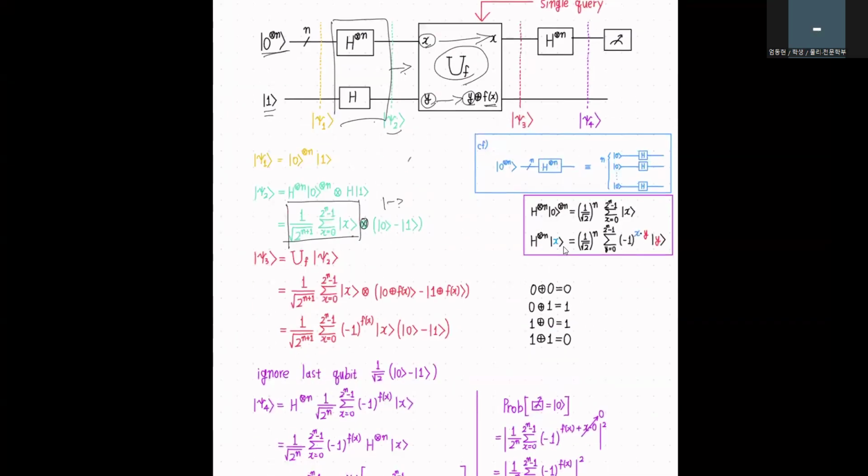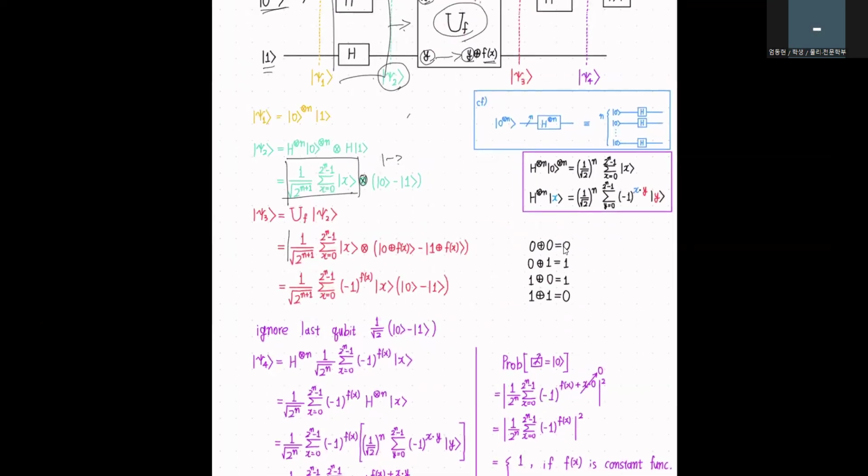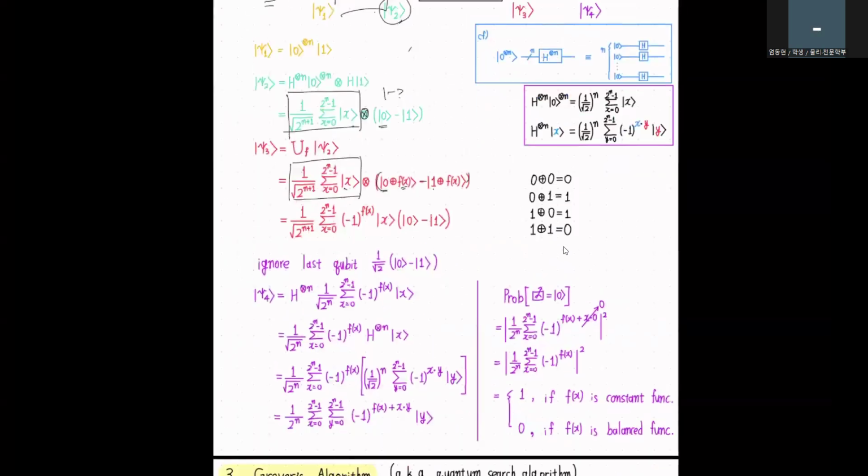So plugging our state psi2 into here, this remains unchanged, but we have to apply y plus f of x minus 1 plus f of x for each entry over here. And if we expand this expression, we get this expression right here.